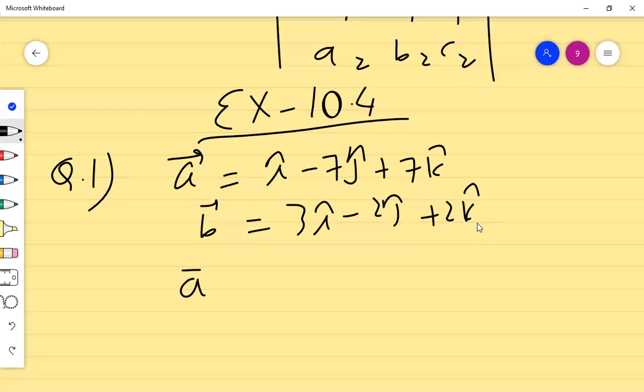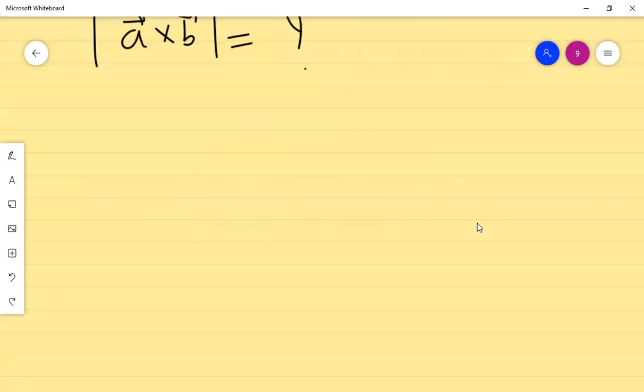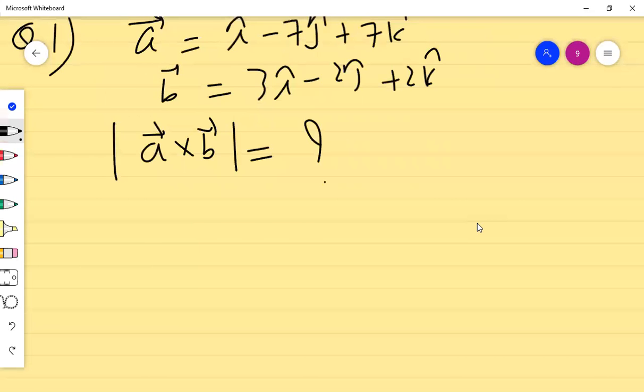First find A cross B. So first find the cross product or vector product of A and B. So A cross B is what?